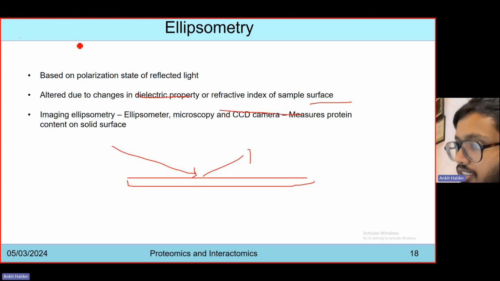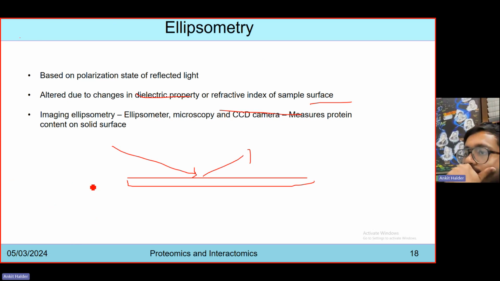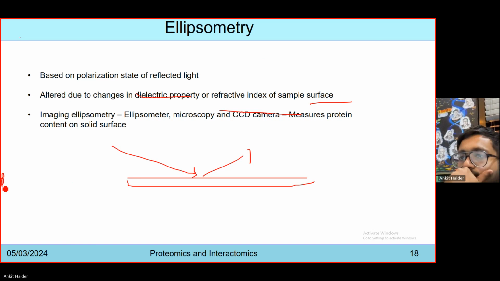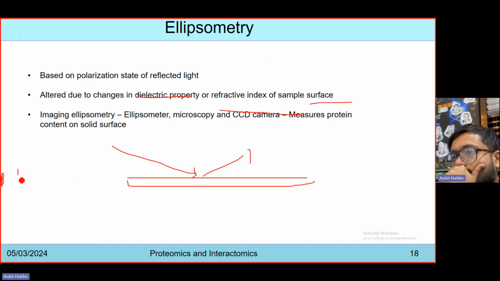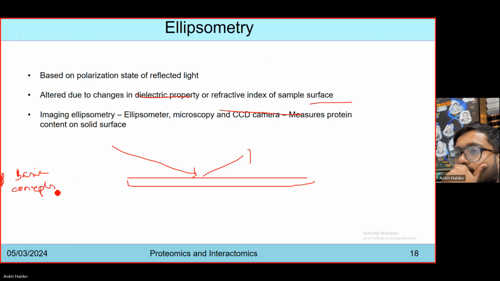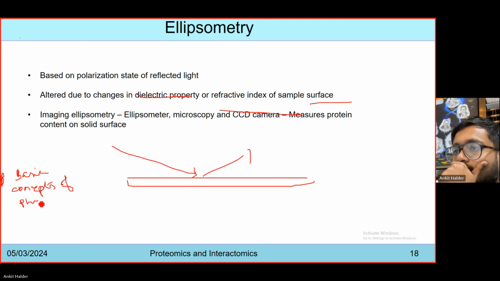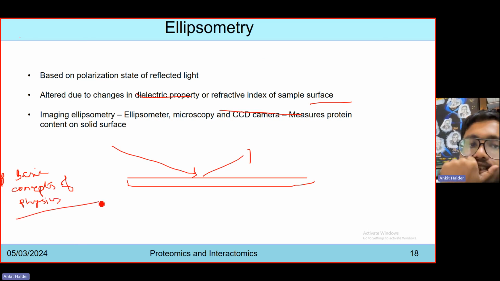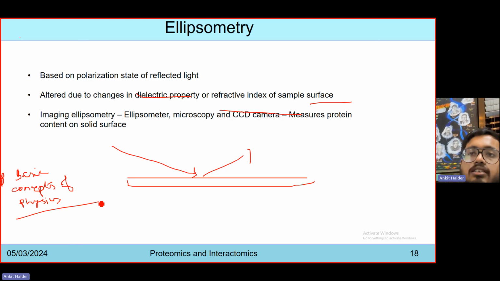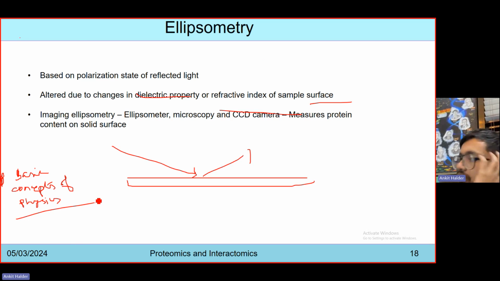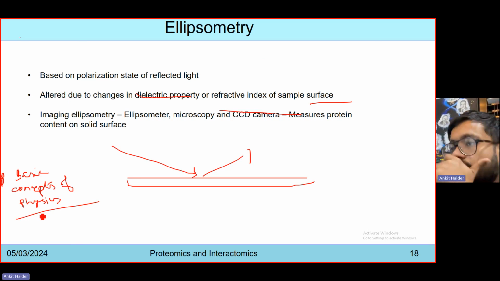So one is using, for example, basic concepts of physics. We are getting the basic concept of physics, correct?